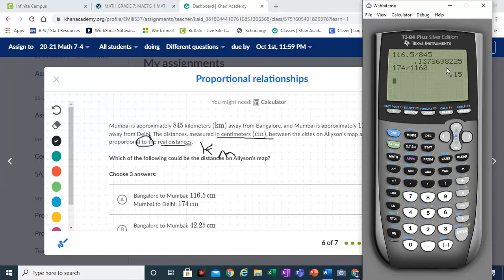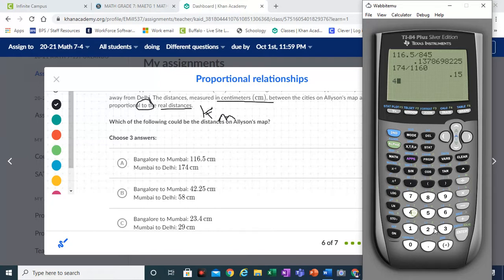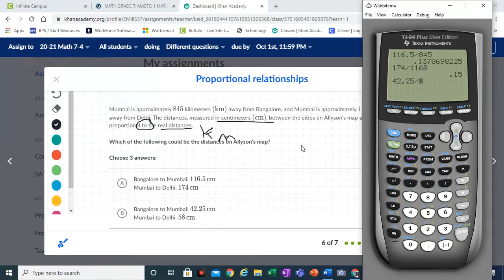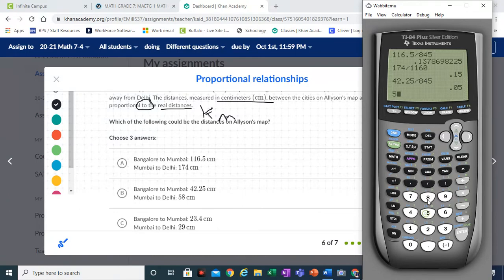So those are not the same unit rates. Now we try the next one. 42.25 divided by 845, which is 0.05, and 58 divided by 1160 is 0.05.